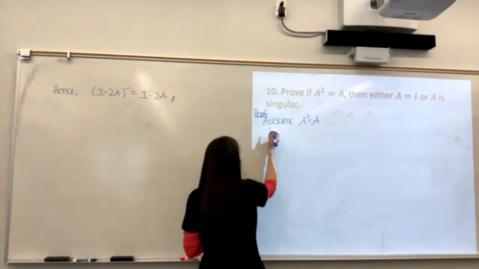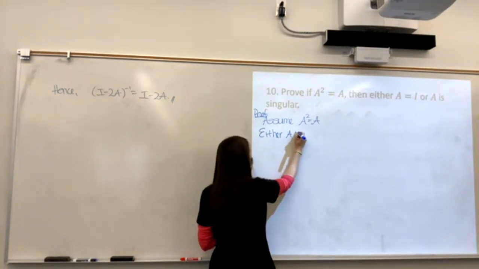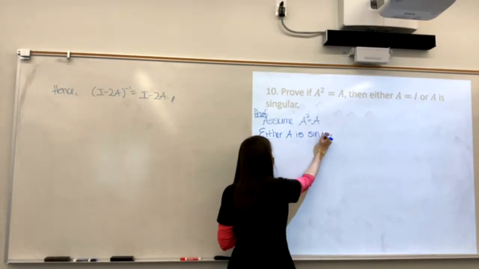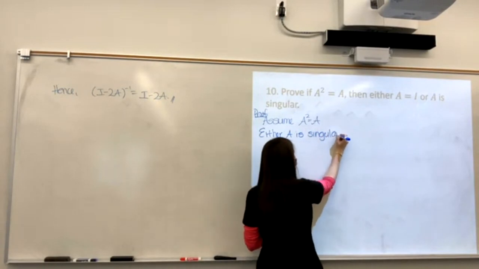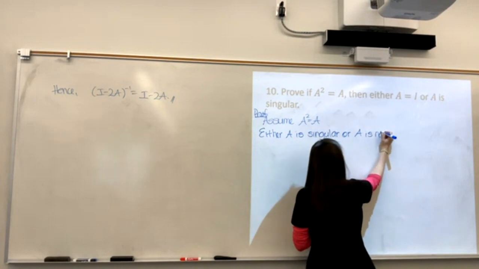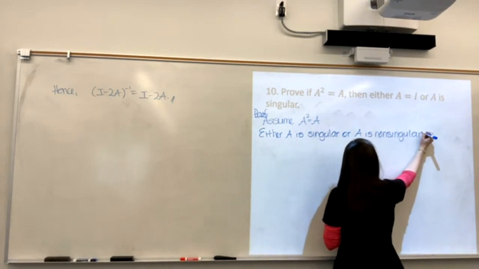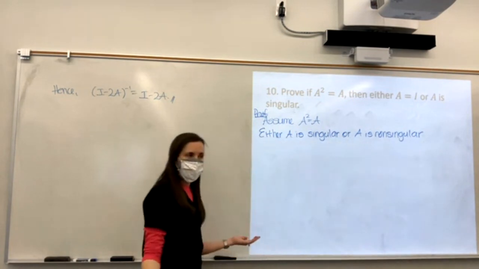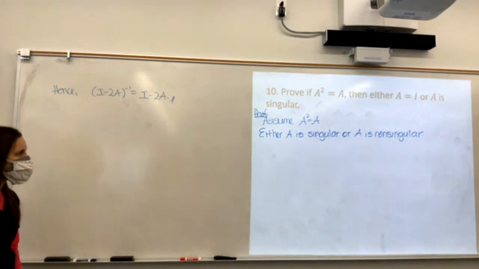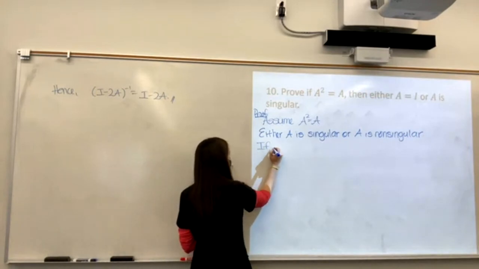Okay, so we have a choice with A. Either, see if you believe me, A is singular or A is non-singular. Either it is invertible or it's not. That's true of every matrix. If it is singular, then we're done.